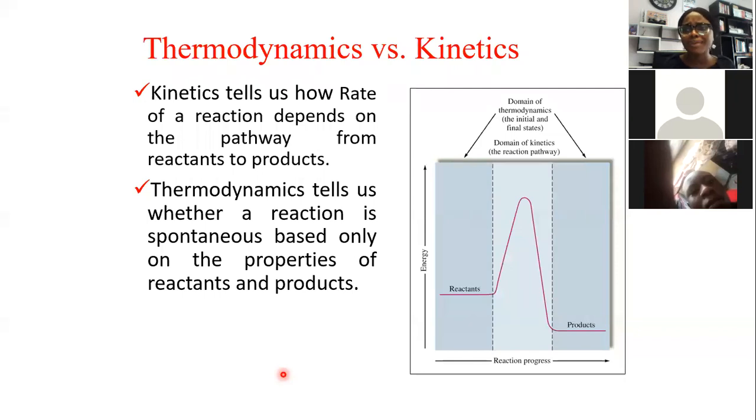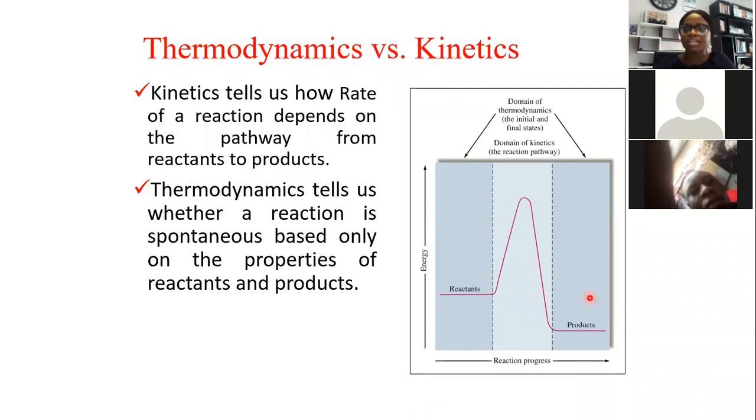So thermodynamics is not thinking about the individual steps in the reaction. It's not bothered. The whole of this place, thermodynamics is not concerned with it. Whatever happens here, thermodynamics is not bothered with it. You have reactants and products.